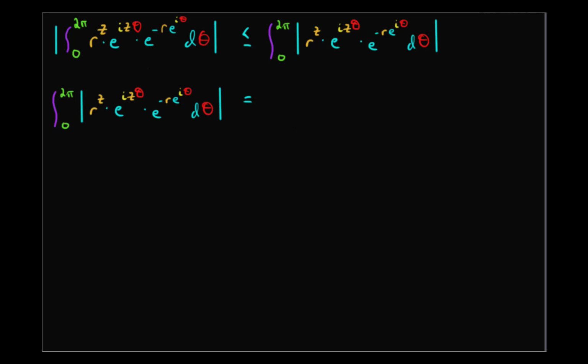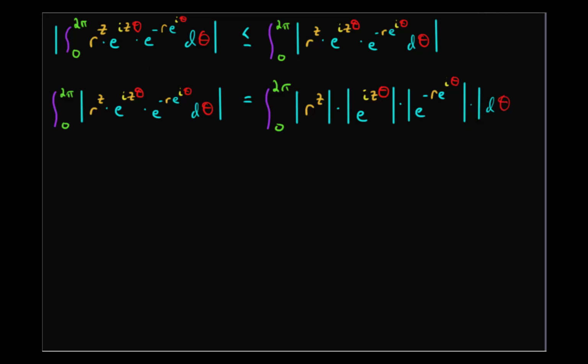And as we already saw, the modulus of this integrand is equal to the product of the moduli of the individual terms. So I'm now going to make that very straightforward substitution. So we have then that the modulus of the integral must be less than or equal to the integral from 0 to 2 pi of the modulus of r to the z times the modulus of e to the i z theta times the modulus of e to the negative r e to the i theta d theta.